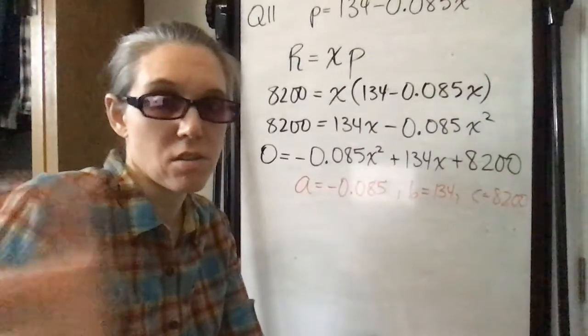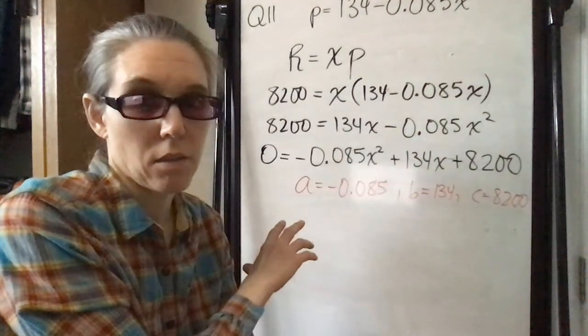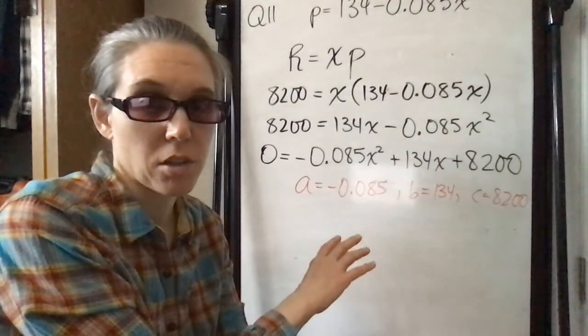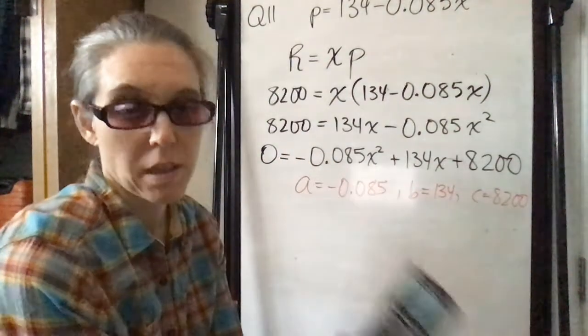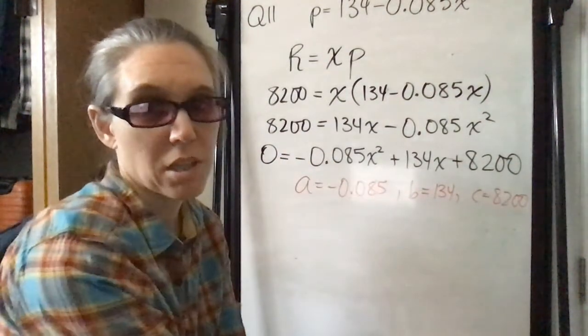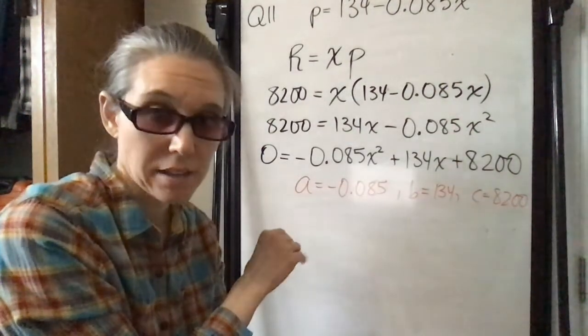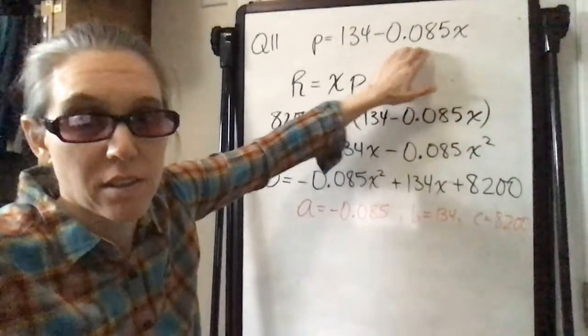And just to help you finish this, what you're going to want to do on this problem is go ahead and get all the way to an x value where you can have two x answers and you can get a decimal approximation. Take the decimal approximation of both your positive and your negative values for x, and you need to plug your answer back into the original right here. This is the price.